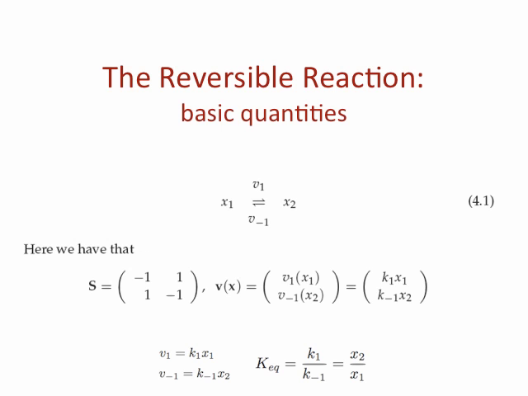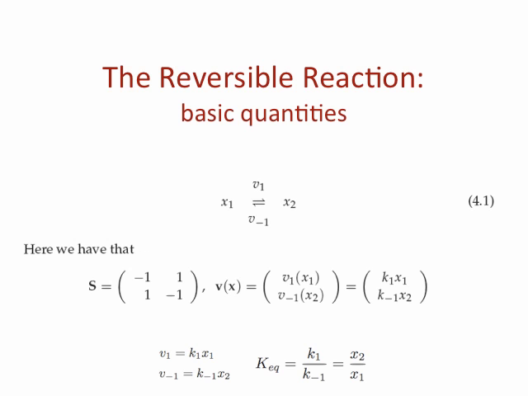In an equilibrium state, V1 and V minus 1 are exactly equal in magnitude. If I equate V1 to V minus 1 and rearrange the equation a bit, I can show the equilibrium constant. The equilibrium constant, by definition, is the concentration of the products divided by the concentrations of the reactants at equilibrium.